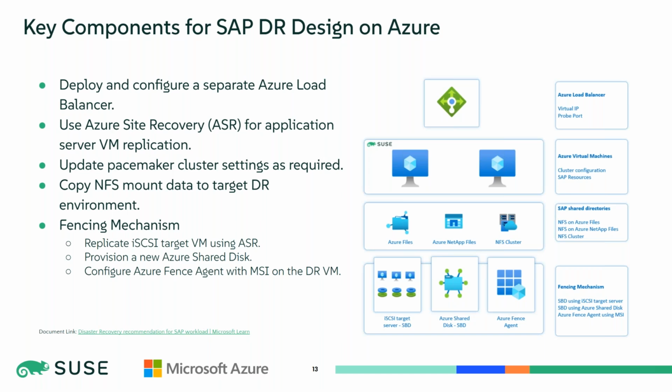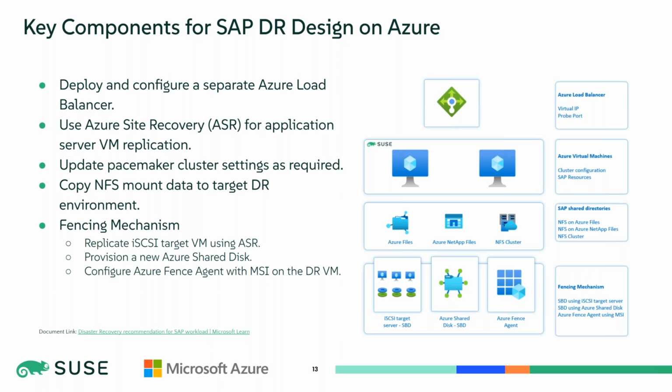And for the application server and central service, you could use Azure Site Recovery to replicate them. Now, with regards to ASR, it only replicates the managed disk. It won't replicate your NFS volumes that are running on Azure Files, Azure NetApp Files, or an NFS cluster.